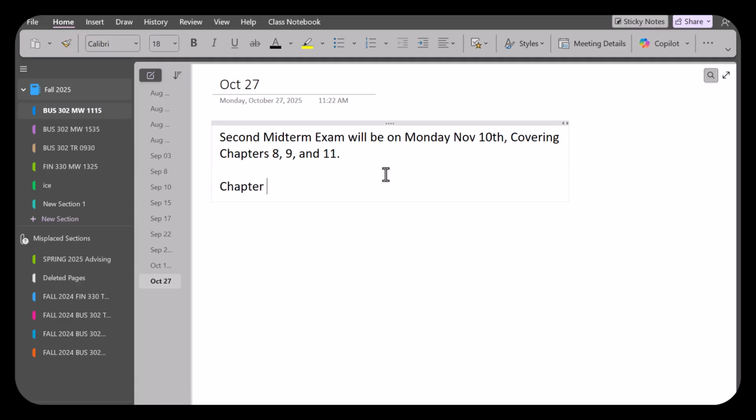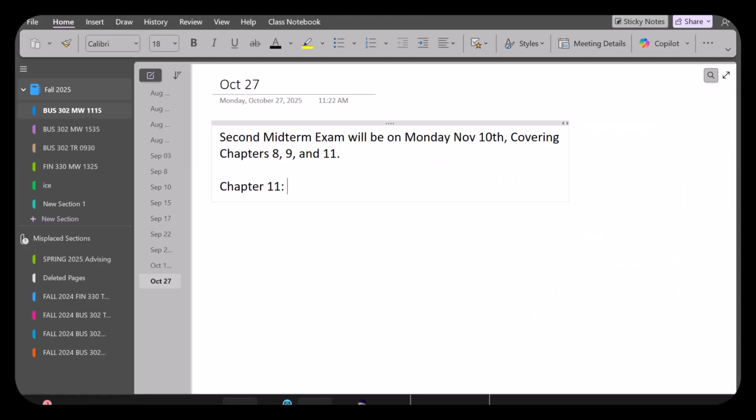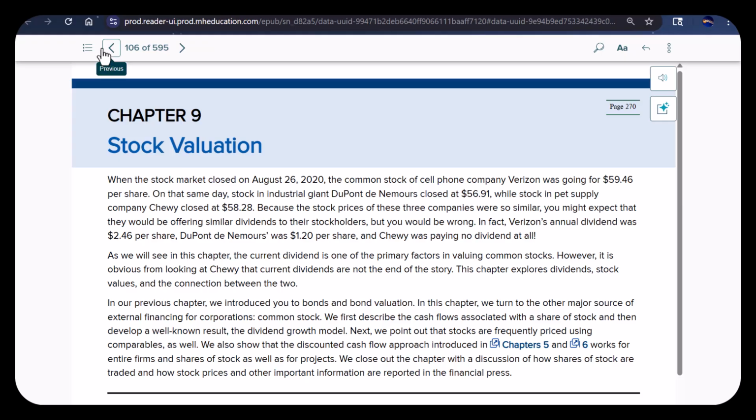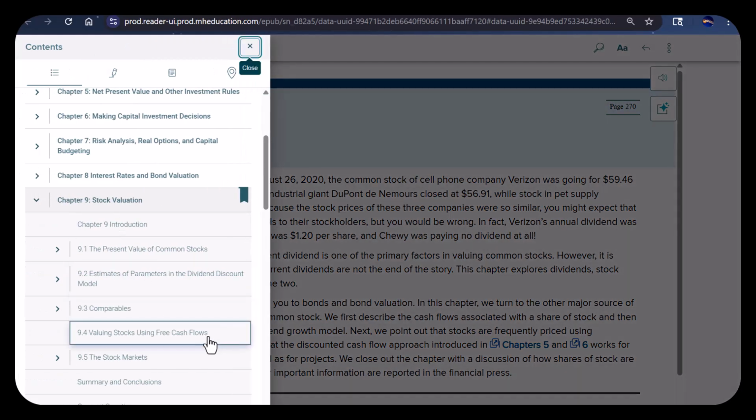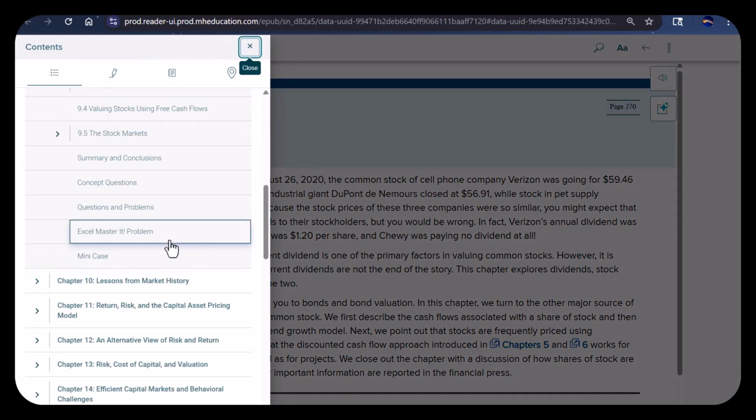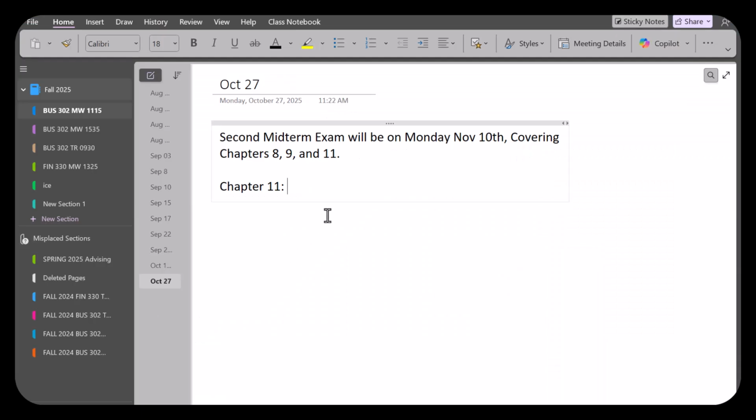Chapter 11 is about, let me write the name correctly, the capital asset pricing model.